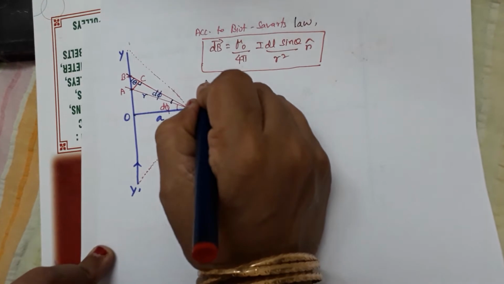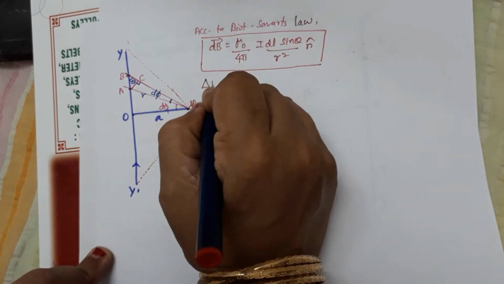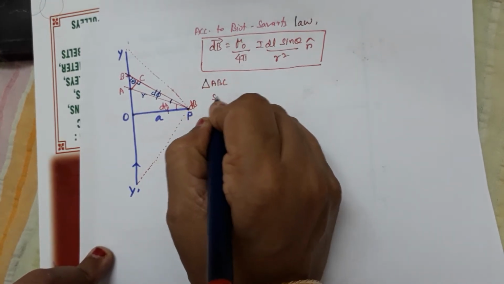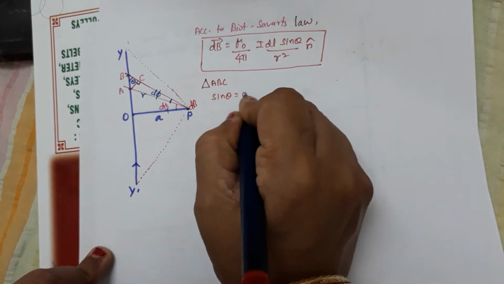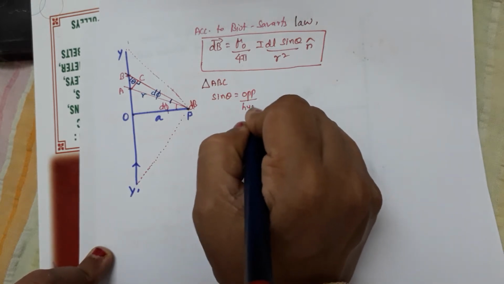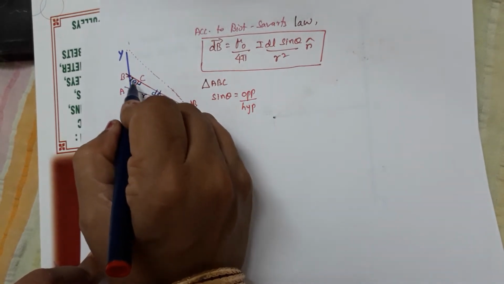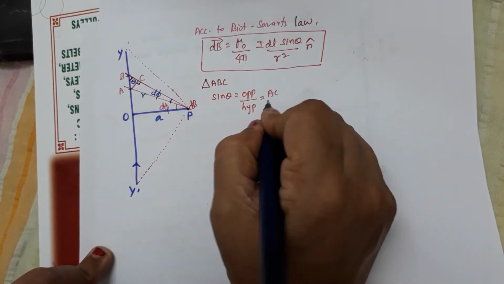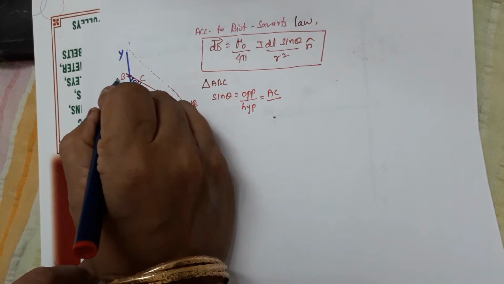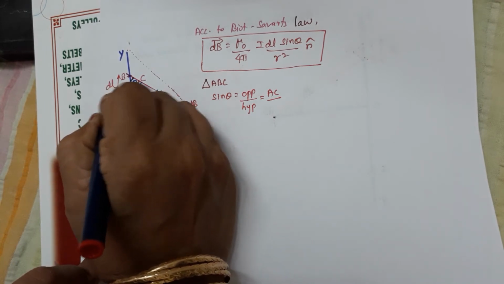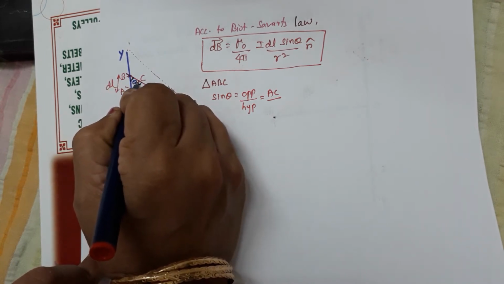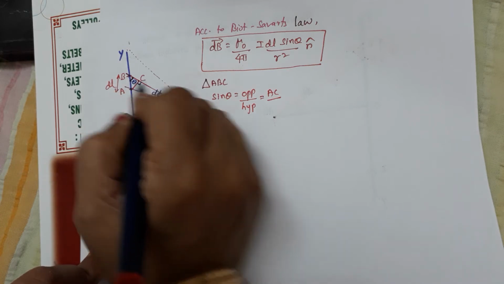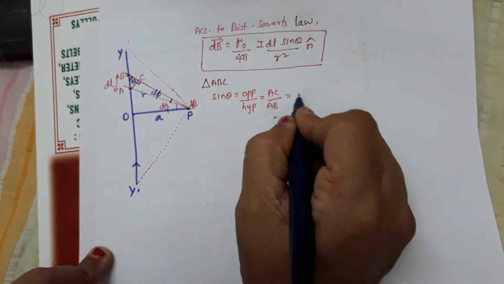In the first triangle, that is triangle ABC, you have to find sin theta. Sin theta is nothing but opposite by hypotenuse, right? So if this is theta, AC will be the opposite side. This is 90 degrees, so AB will be the hypotenuse.